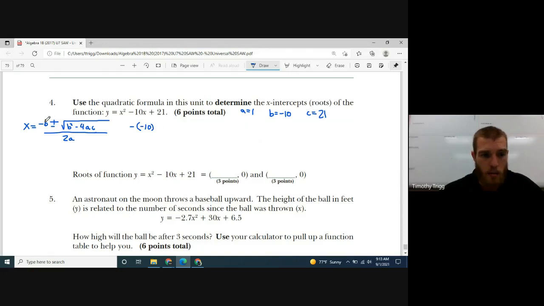Notice the first negative comes from the formula itself, and the second comes from the fact that b is negative. Then plus or minus, always put those there, then the square root. Here it's b squared, so that's negative 10 squared.